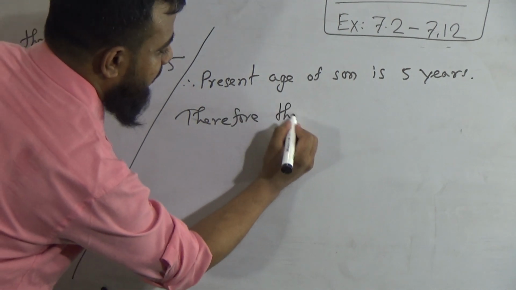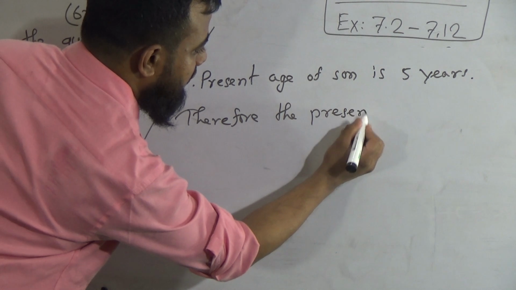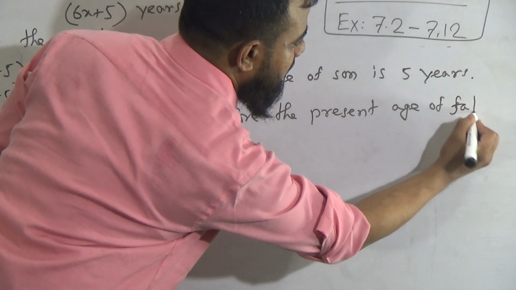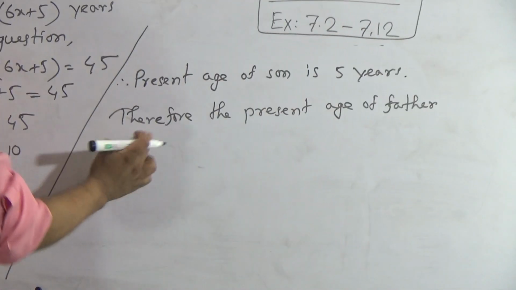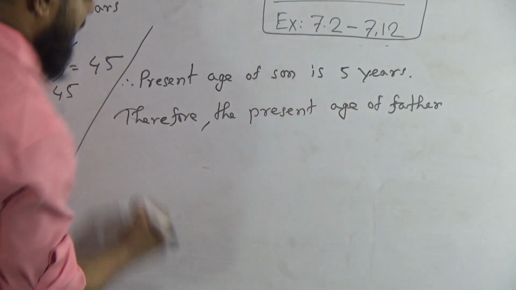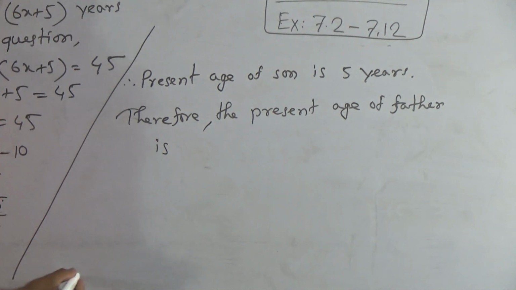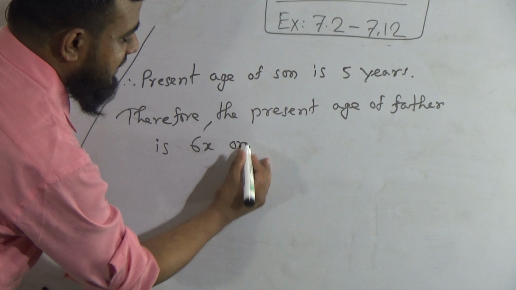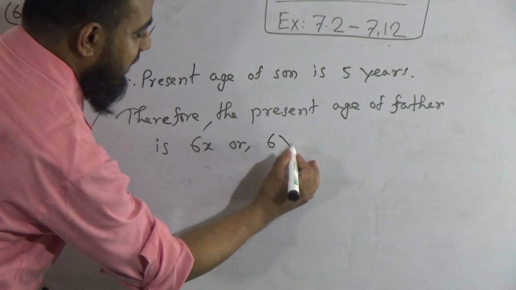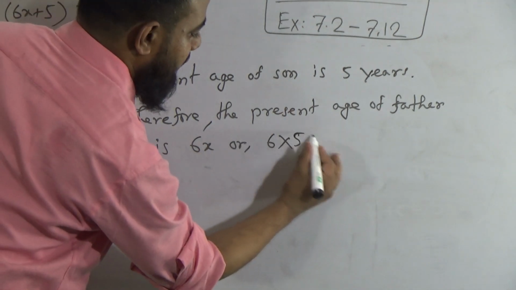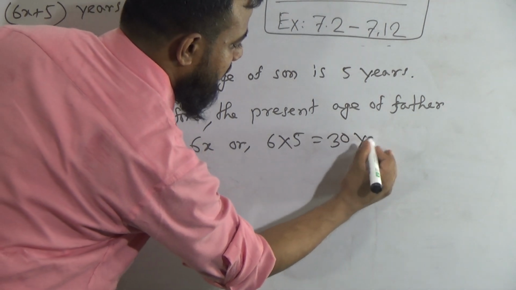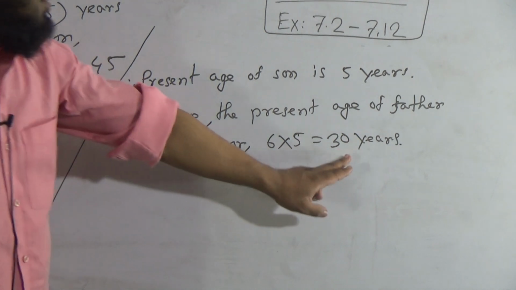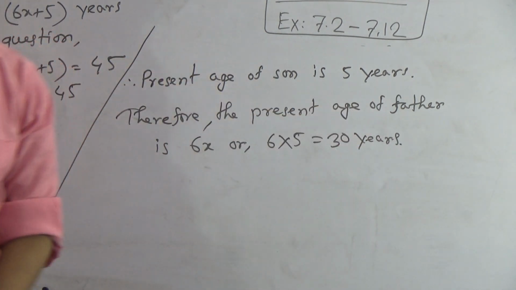Therefore the present age of father is what? It is 6x, or we can write 6 times x, where the value of x is 5, that's equal to 30 years. That means at present the father's age is 30 years and the son's age is 5 years.